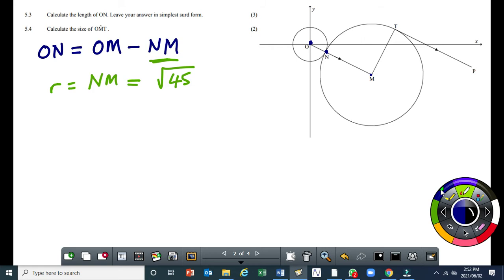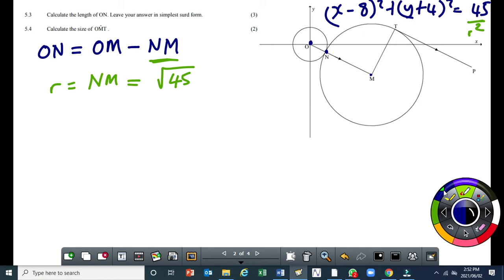Our equation of our circle is given as (x minus 8) squared plus (y plus 4) squared is equal to 45. This 45 here, that's equivalent to r squared. So your r is going to be equal to the square root of 45.